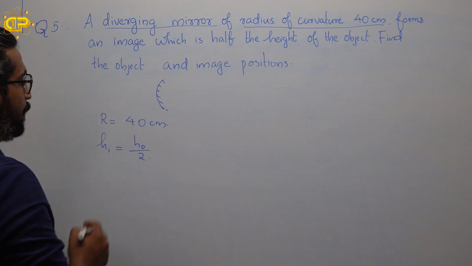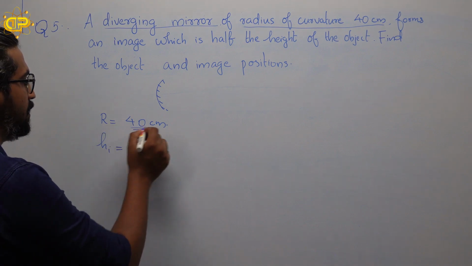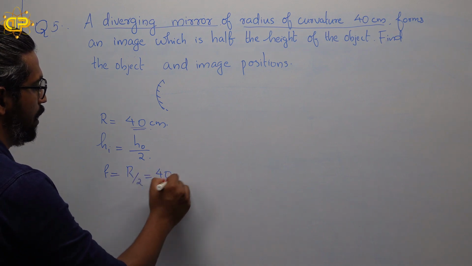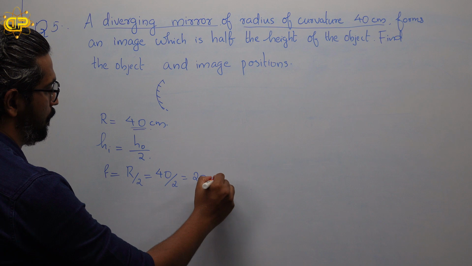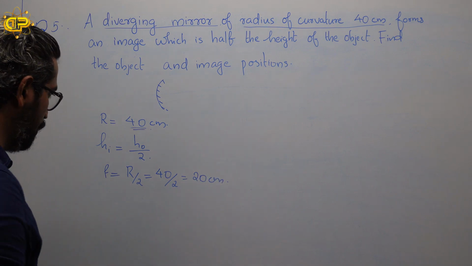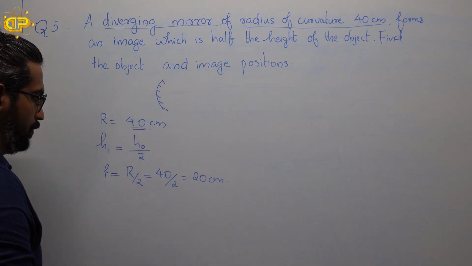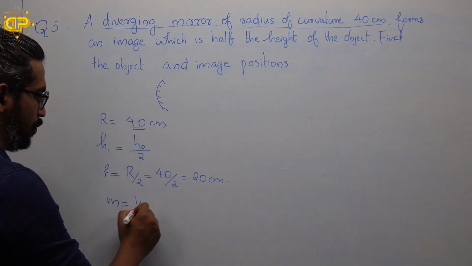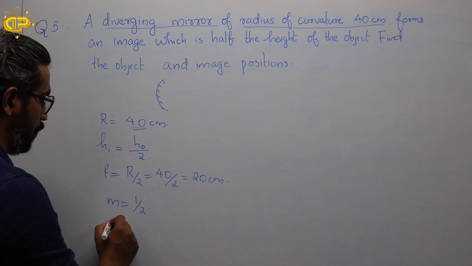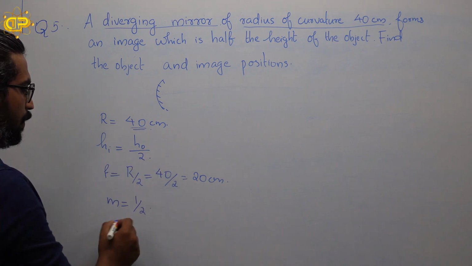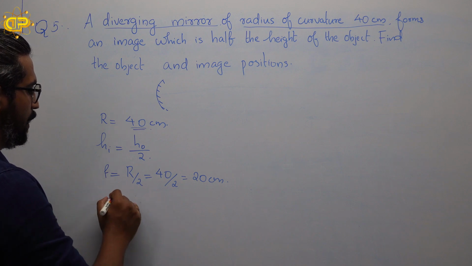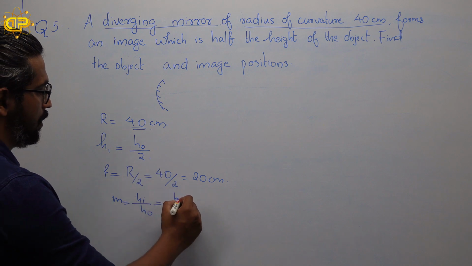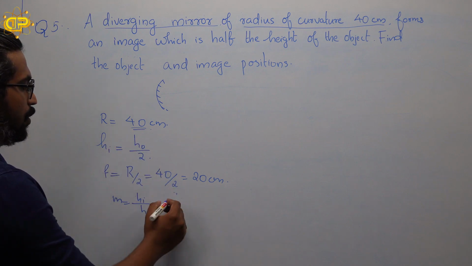So how can I find this? R is given, 40 centimeters. So F will be equal to what? R by 2, that is 40 by 2, that is 20 centimeter. Now, HI by HO is equal to 1 by 2, so magnification is equal to 1 by 2. How did I get this? Magnification is equal to HI by HO, and HI by HO is equal to 1 by 2.